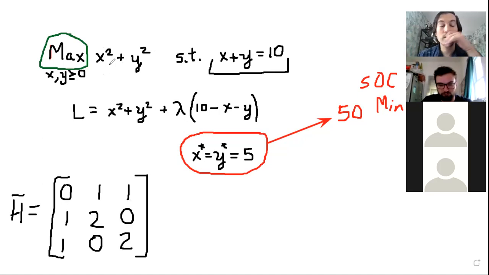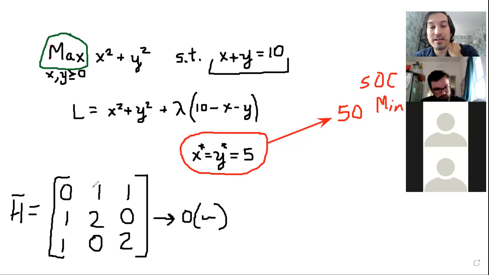Okay. So what do I want to do? I want to take the determinant of that bordered Hessian matrix. Do you remember how to take determinants? I taught you this back in the first half of the class. It's going to be 0 times a bunch of stuff. Who cares what it is because it's 0.